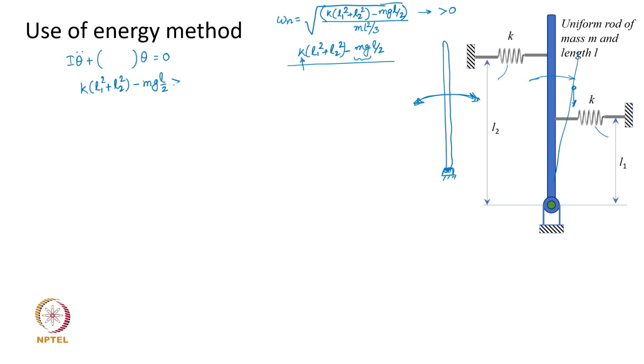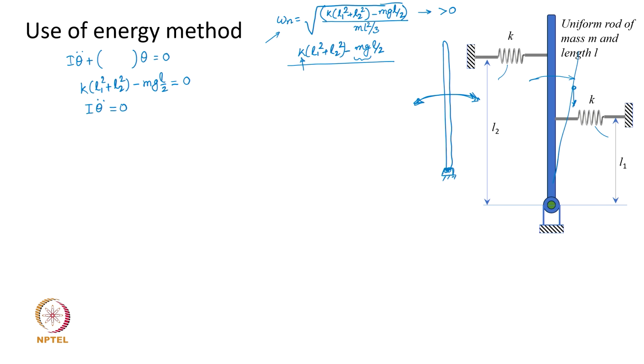If this expression is greater than 0, then we know it is going to be an oscillatory system with the natural frequency as given by this, no problems. But if this term is equal to 0, then what happens? Then basically what we get is I theta double dot equal to simply 0.